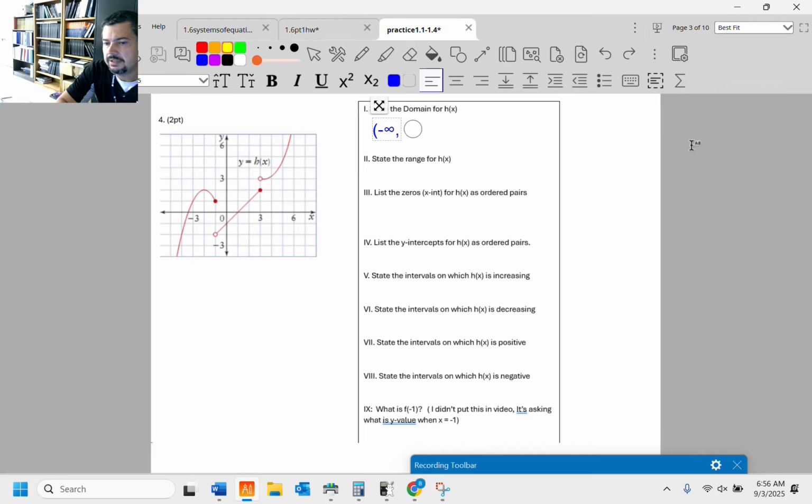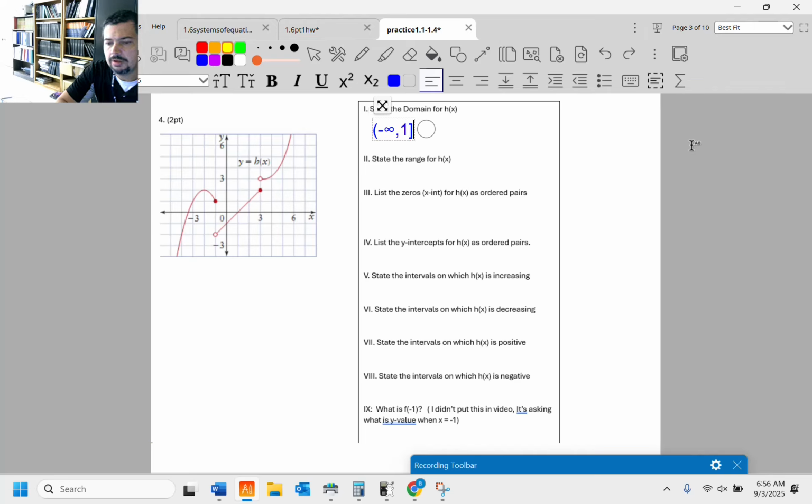With a bar, or the bracket, and then it runs from where x is negative 1 to 3. A bracket on the 3, and then it runs from 3 with a parenthesis to infinity.